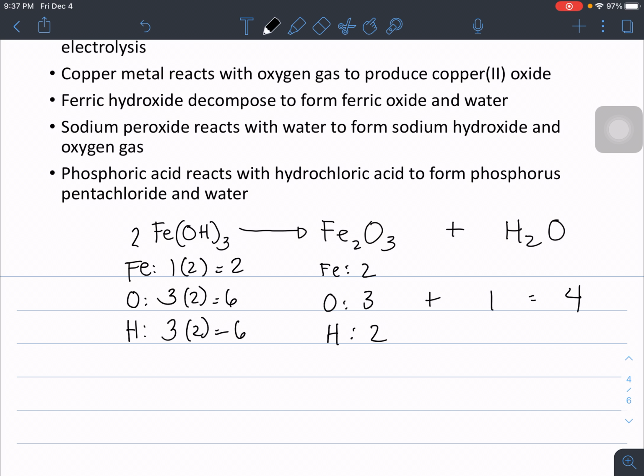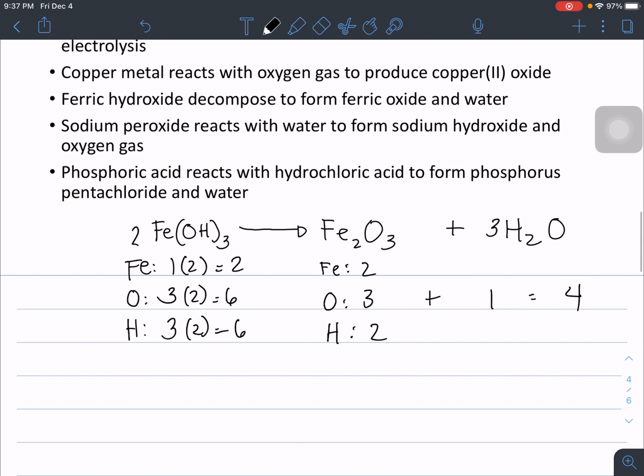So we have 2 iron balanced, but oxygen and hydrogen are both unbalanced. So to balance this, I think I should balance hydrogen first. So I will be placing 3 here. So this will result in the multiplication of 3 and 2 of the hydrogen. So this will be 6.